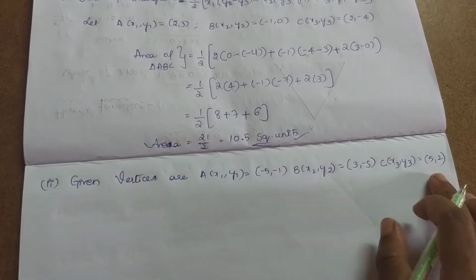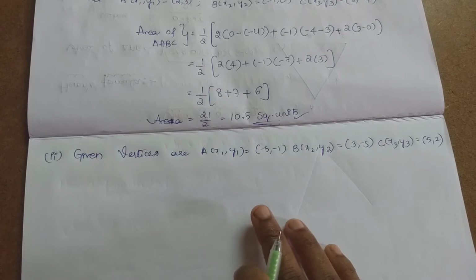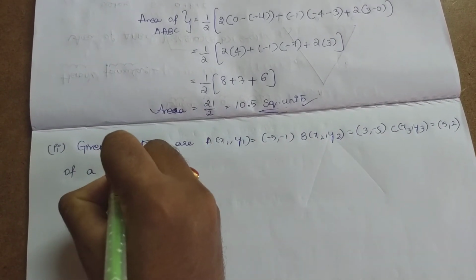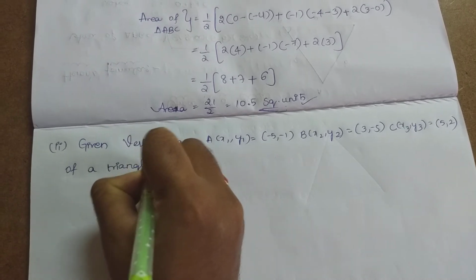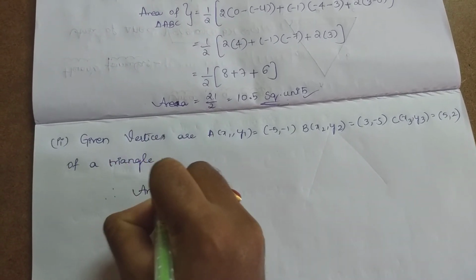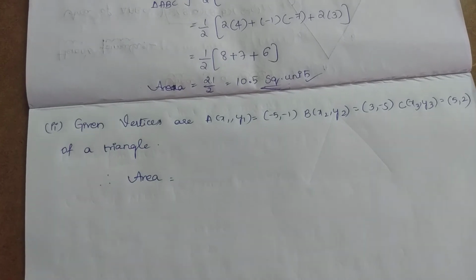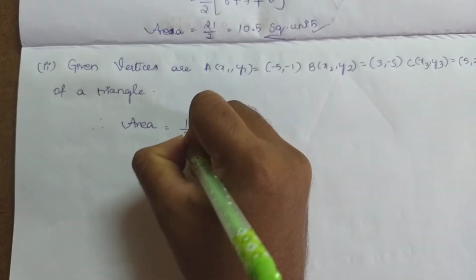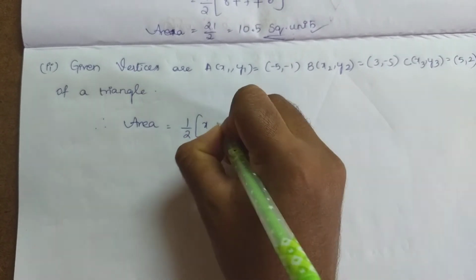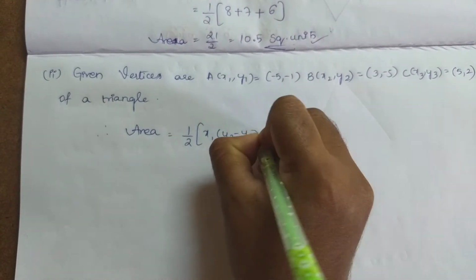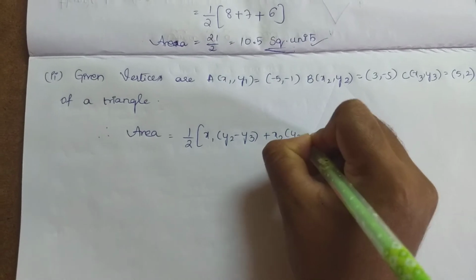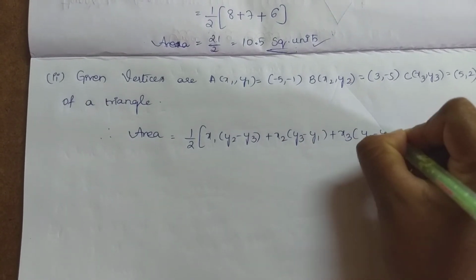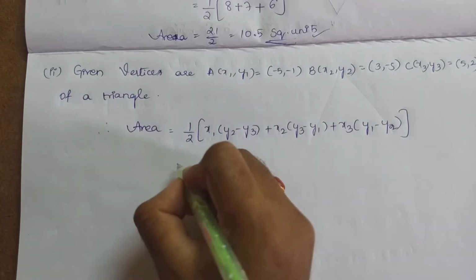So these three are the vertices of a triangle. Therefore let's write the formula. What is the formula? 1 by 2 into x1 into (y2 minus y3) plus x2 into (y3 minus y1) plus x3 into (y1 minus y2). So let's substitute the values in the formula.